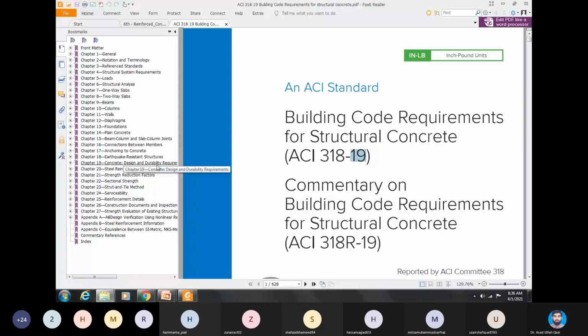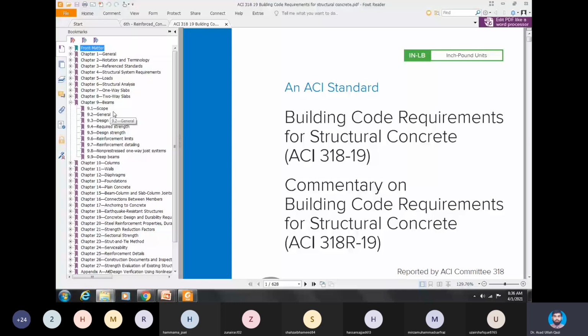So I may say that all the chapters are important, but in case you want to study some guideline code requirements on beams, you will have to check chapter 9. So in 9, then further scope, general design limits, required strength, design strength, reinforcement limits, reinforcement detailing, non-pre-stressed one-way joist systems, and then finally deep beams. All are summarized inside.